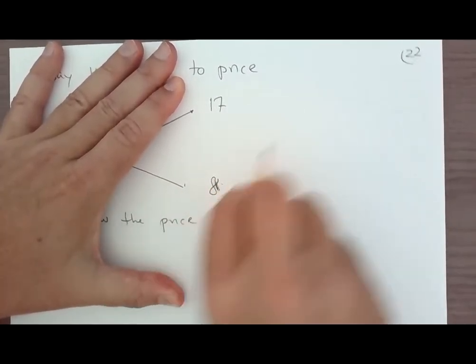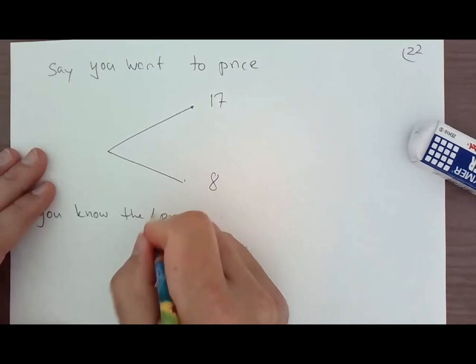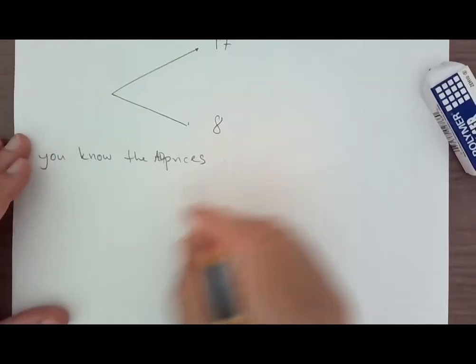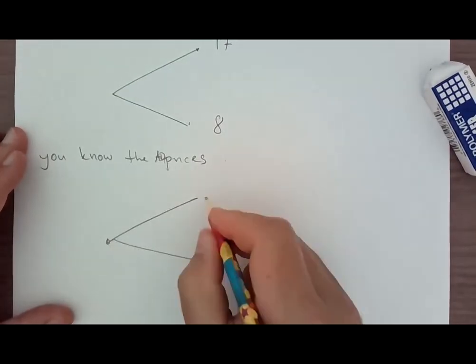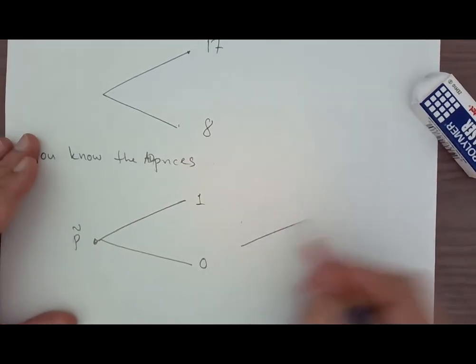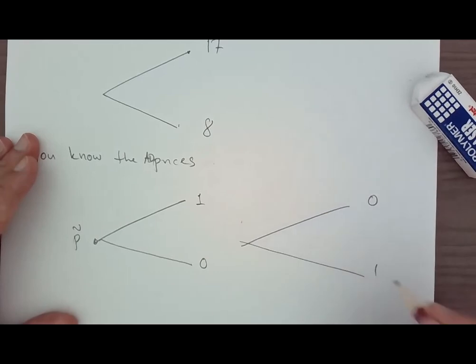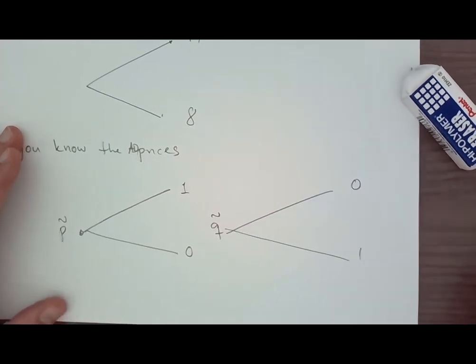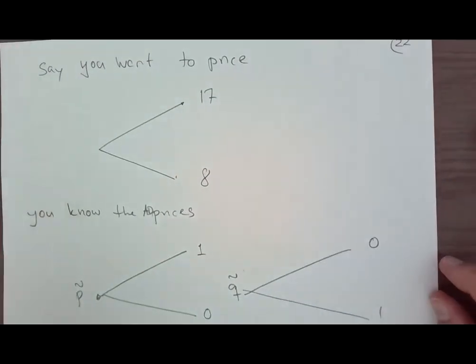These are just called Arrow-Debreu securities. So you know that this here is a 1, and this one here is a 0. This is P tilde. And you know this is 0, and this is 1, and this is Q tilde. And you want to price this one.